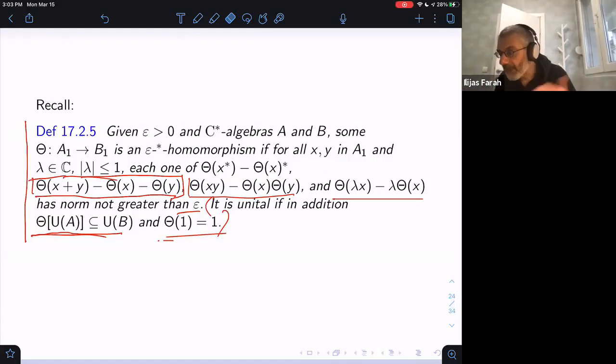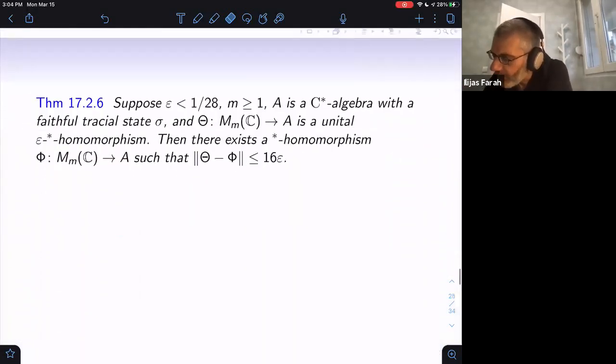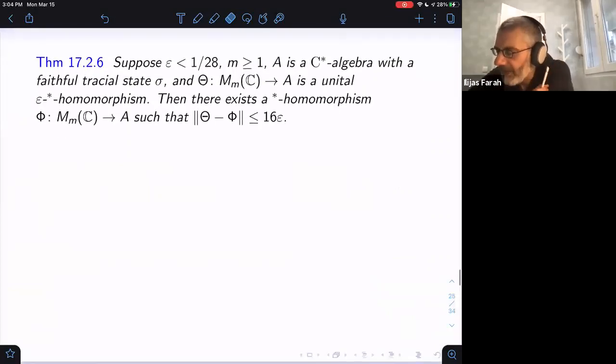So basically, this is just one of a possible multitude of Ulam stability results for C-star algebras, but it is one that we need. All right, so if epsilon is small enough, m is greater than or equal to 1, A is a C-star algebra with faithful tracial state sigma, and I should say A is unital.